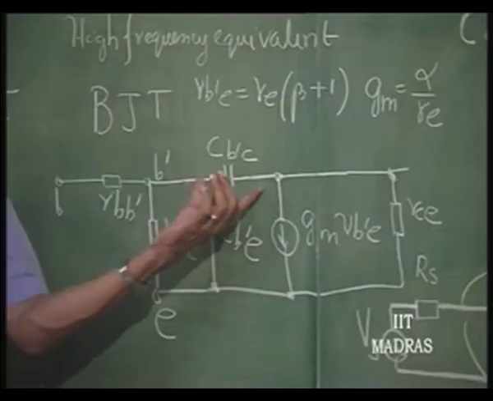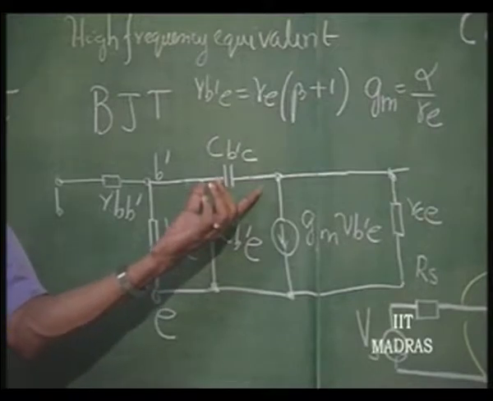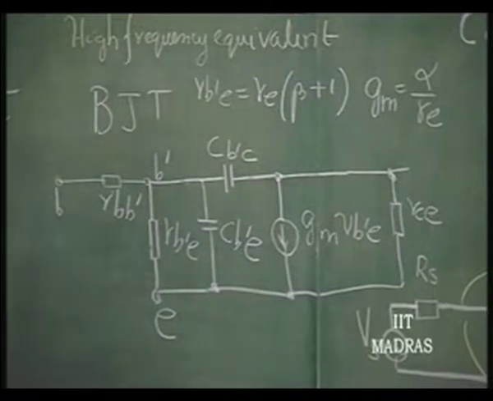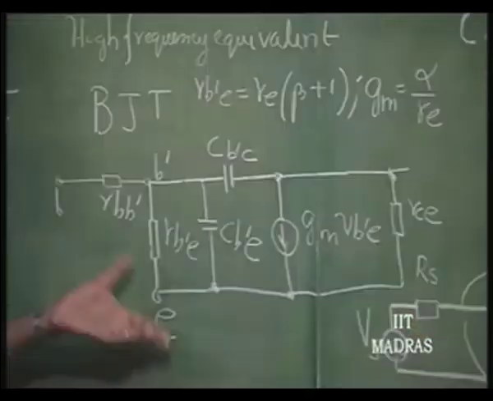In fact, you can put a high resistance across this, which is going to be of the order of hundreds of mega ohms. So, that is of no consequence for high frequencies. So, these are the important parts of the equivalent circuit. So, when we discuss a wideband amplifier, we should put down this equivalent circuit in order to do the analysis.